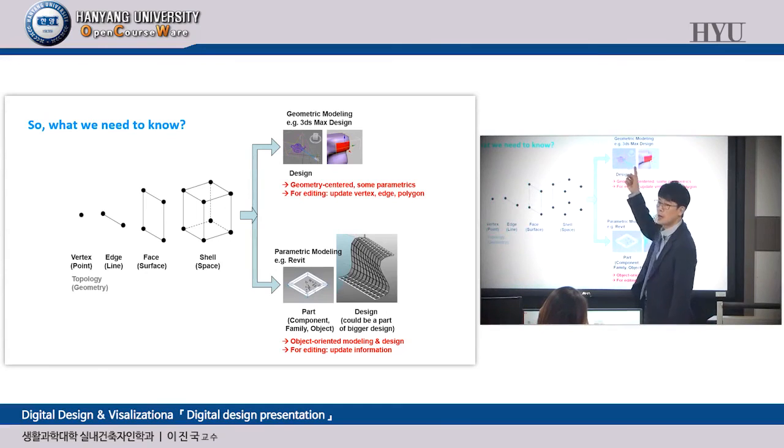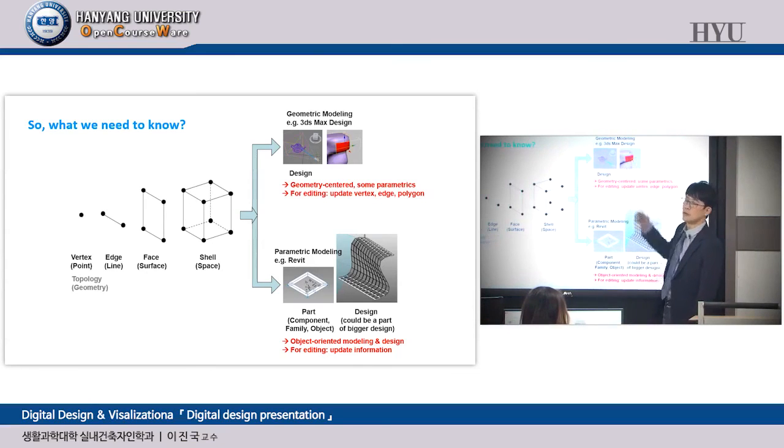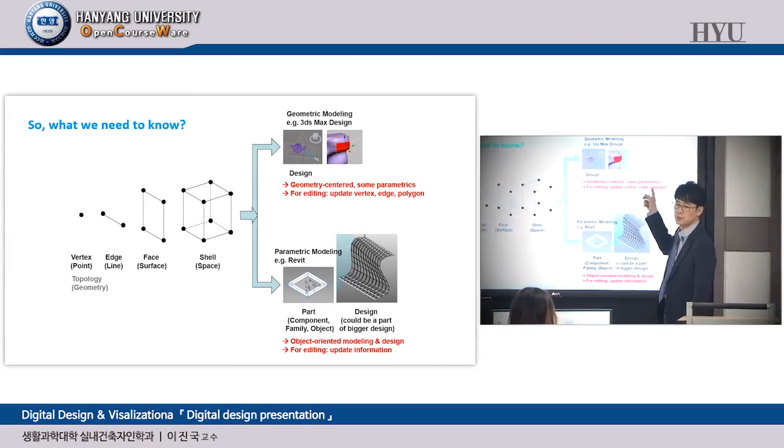Take a look. You know how to control light objects, materials, camera viewing, and this kind of modifiers, editable poly edits, geometry centered, some parameters. What kind of parameters? Width of the box, height of the box, those are the parameters, okay? For editing, update vertex, edge, polygon, lots of geometric things you need to know and you need to control.